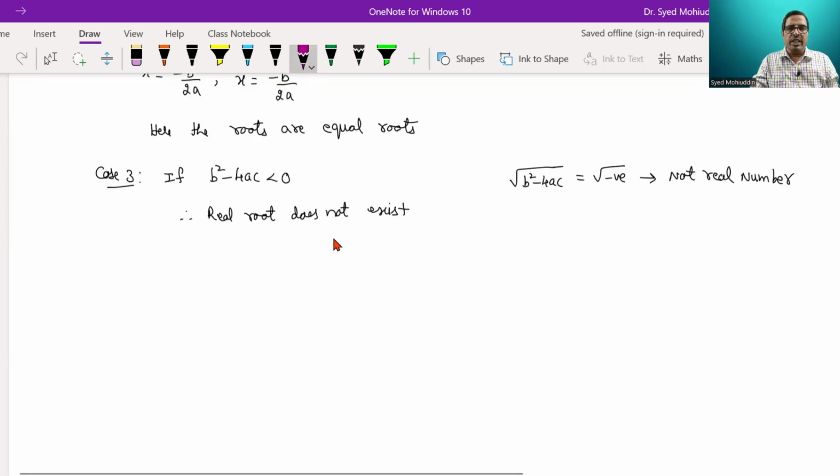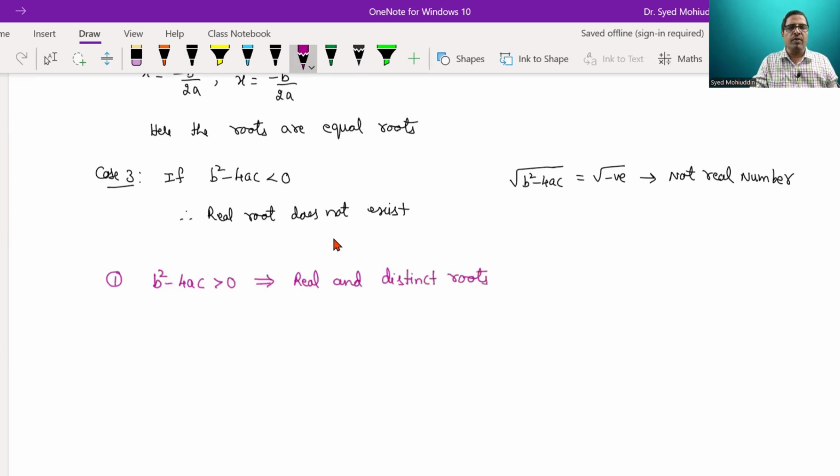So let me summarize. We have seen 3 cases. Case number 1: if b square minus 4ac is greater than 0, we have real and distinct roots. Case number 2: if b square minus 4ac is equal to 0, we have equal roots.